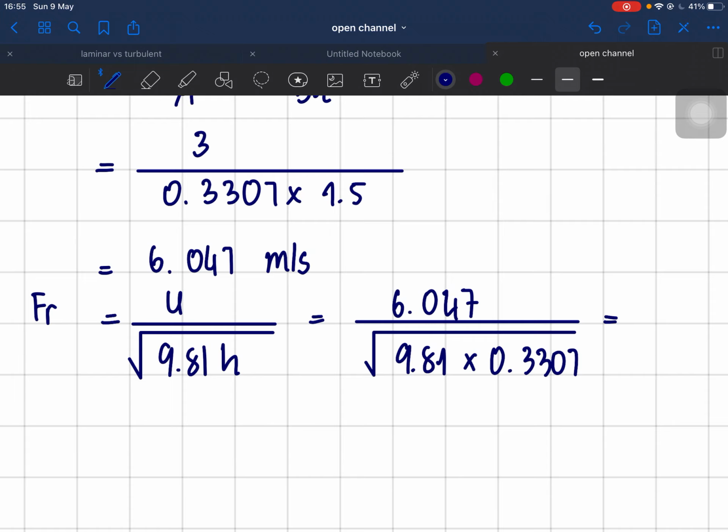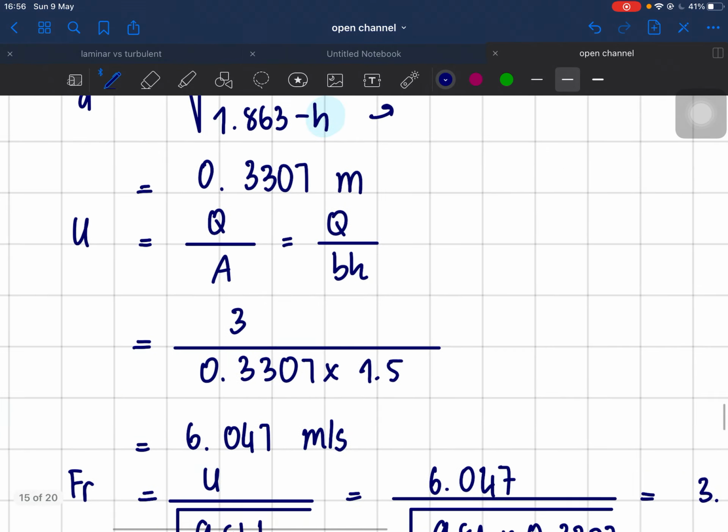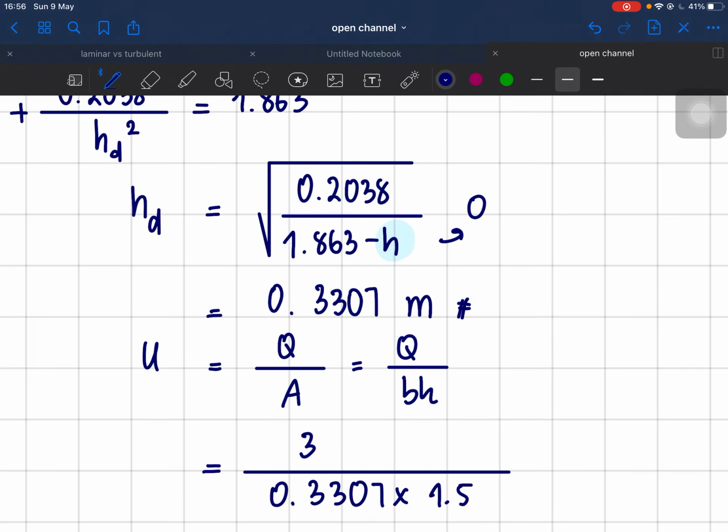The answer is 3.3572. Yeah, this is the Froude number. So this is the answer for the first case.